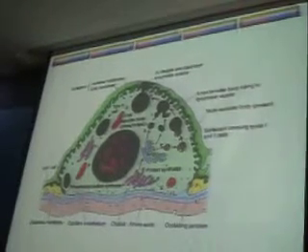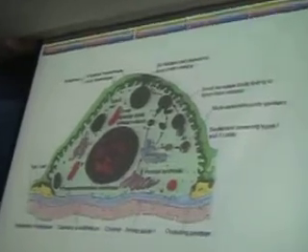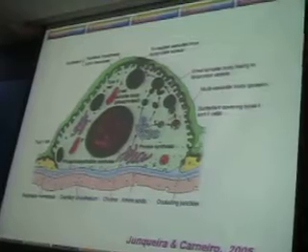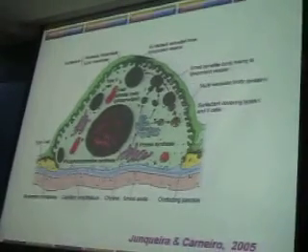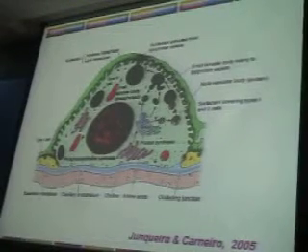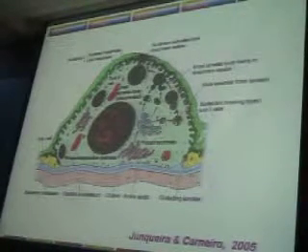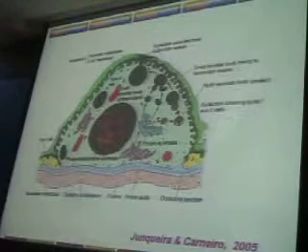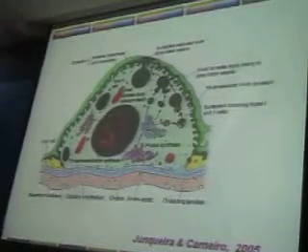Okay? You have your type 1. This is the type 2 cell. Important here would be your multivesicular body, which carries your lamellar bodies. Okay? The lamellar bodies would have your phospholipid, which is the main component of your surfactant.